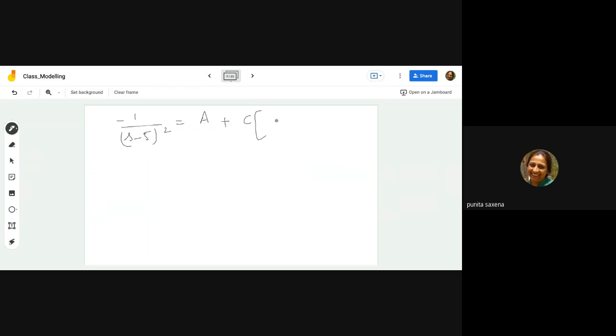What will come? Differentiate those terms. What will you get?